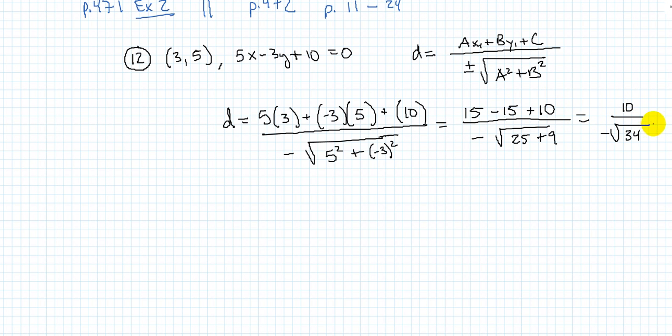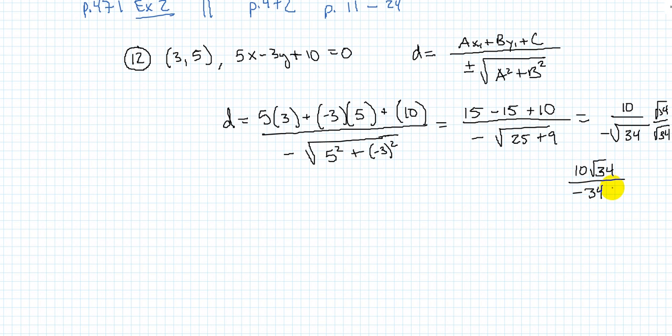So if I multiply top and bottom by the square root of 34, I'll get 10 root 34 over 34. What I'm doing here is touching the button every now and then, and it's making my drawings funny. Oops, I pressed undo too many times. Let's see if I can do it better. So we got 10 over root 34 divided by negative 34.